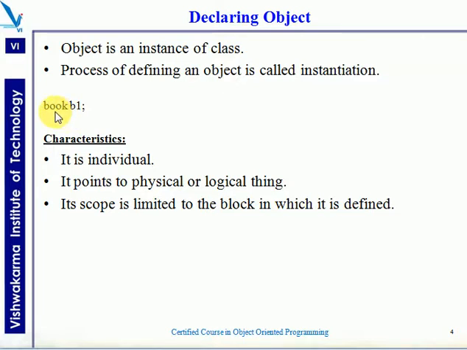The process of defining an object is called instantiation. See the characteristics of an object. Object is individual. It points to a physical or logical thing and its scope is limited to the block in which it is defined.